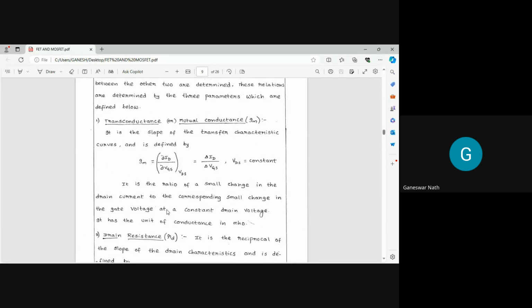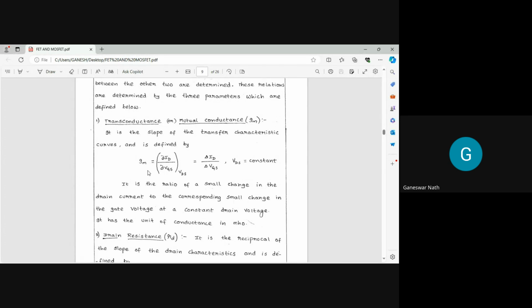Okay. So this transconductance you can find actually, it is the slope of the transfer characteristic curve and denoted by gm. So this is defined by change in the drain current to the change of the gate source voltage at constant VDS, okay, or that I can add, delta ID by delta VGS, okay, when VDS is constant.